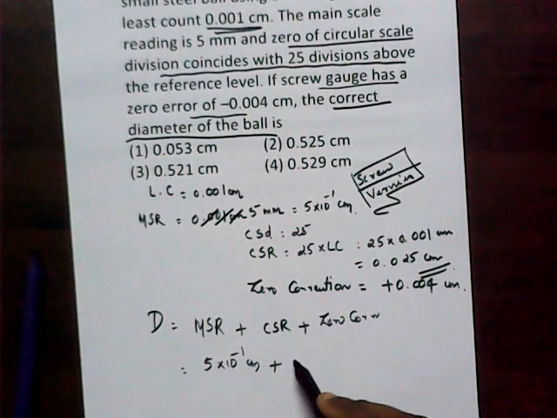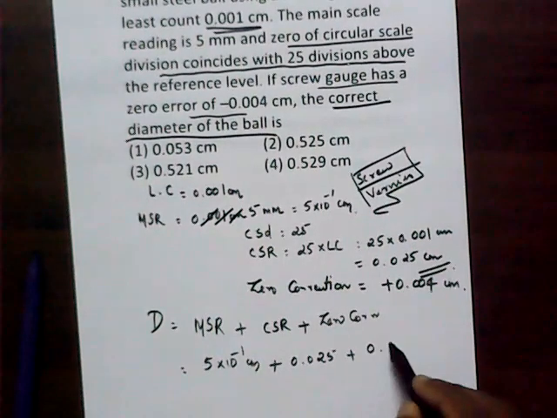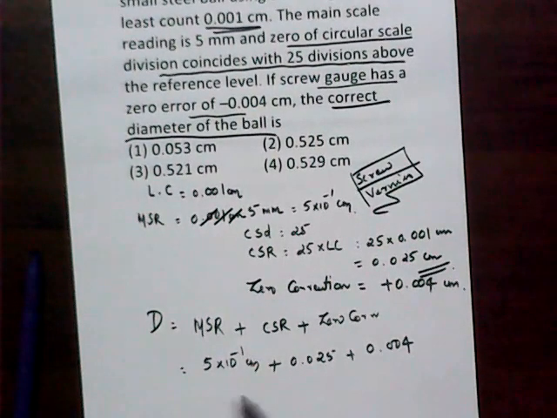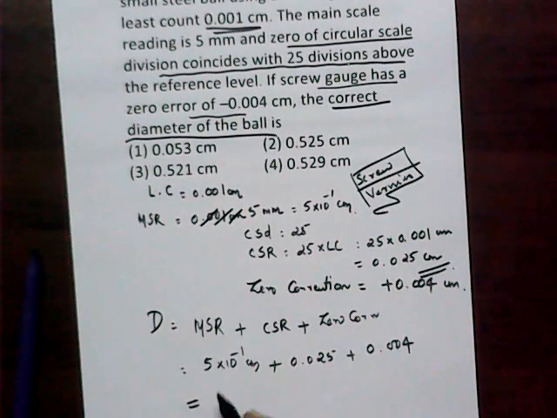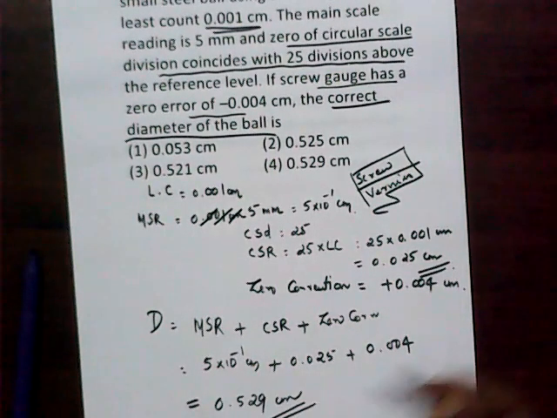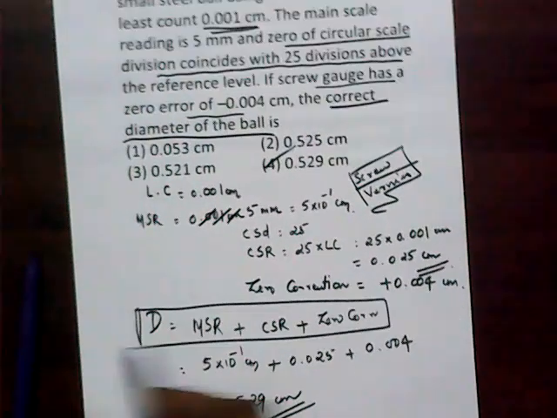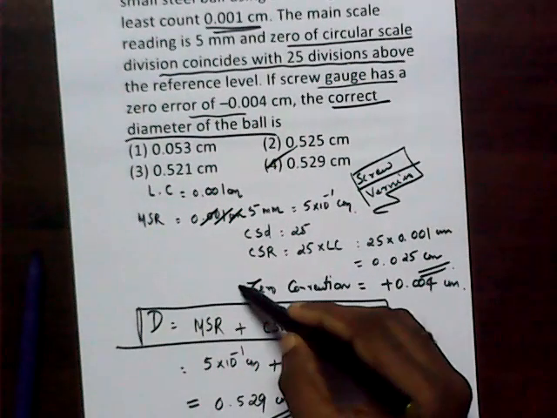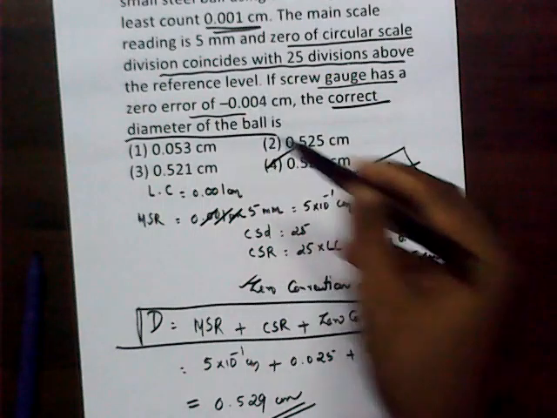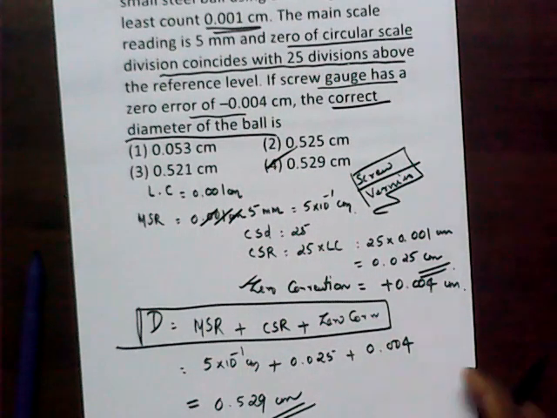The circular scale reading becomes 0.025 centimeter. The zero correction becomes 0.004. So you get the answer as 0.529 centimeter, option 4, the very important concept. Keep in mind, if the zero error is given, then the zero correction becomes plus.